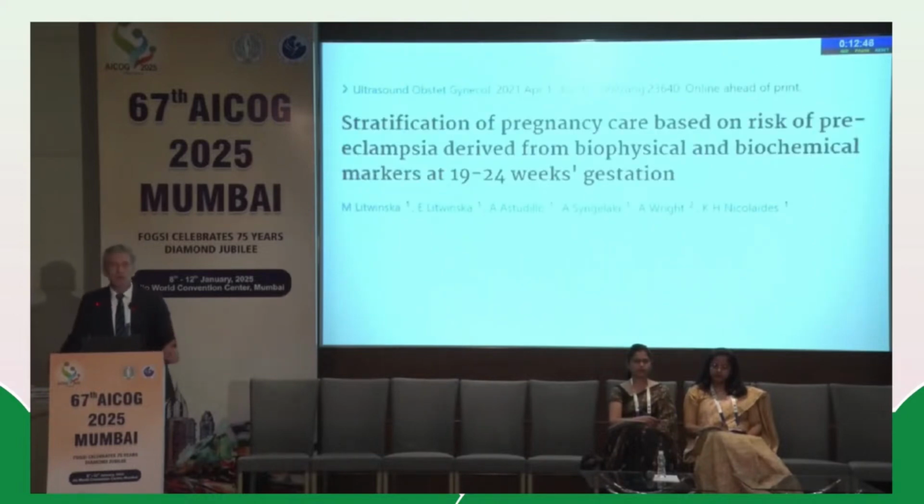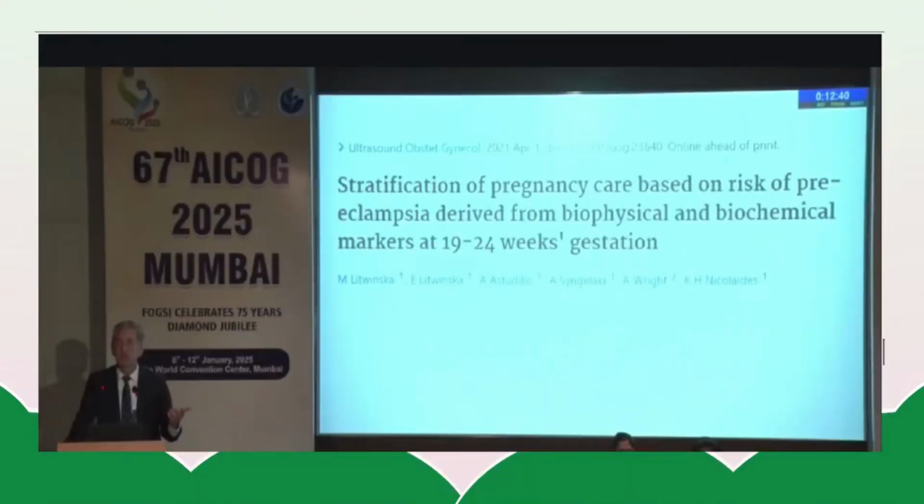We have the opportunity to stratify in the second trimester. The doctor mentioned the ultrasound, which discovers anomalies like ventriculomegaly. But we also have the opportunity to concentrate on prediction in the second scan.